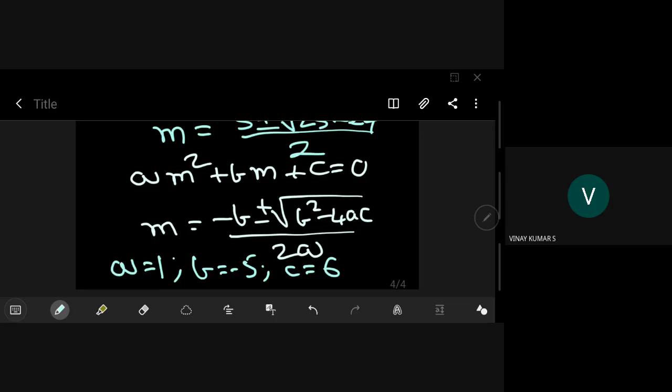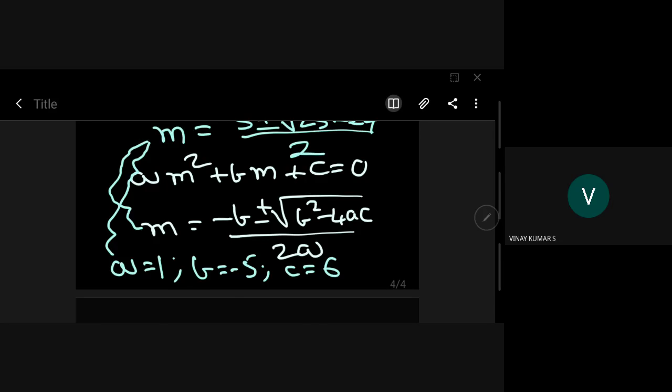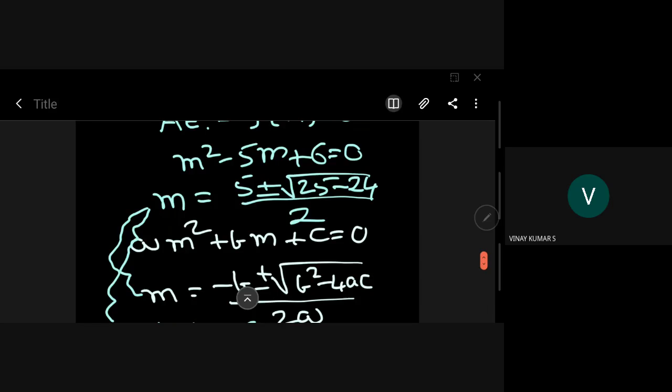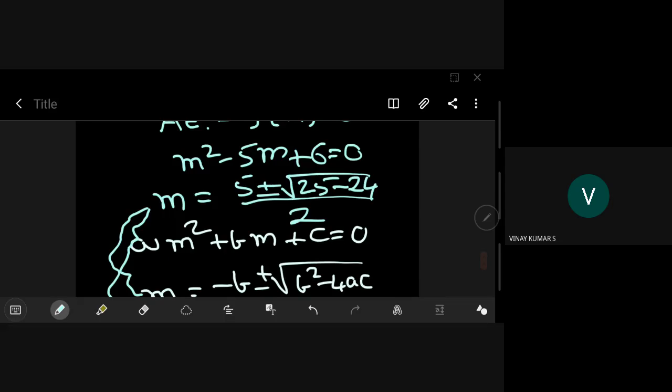Based on that, we got this, which is nothing but 5 plus or minus 1 by 2. So what are the roots here? 6 by 2 is 3, 4 by 2 is 2.